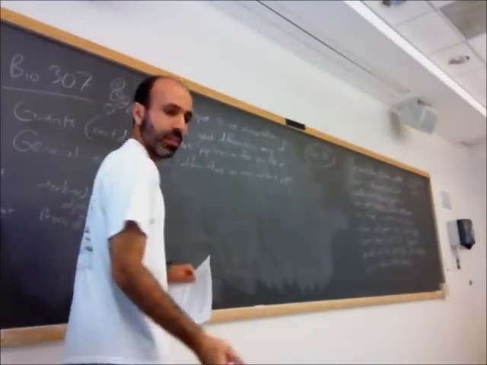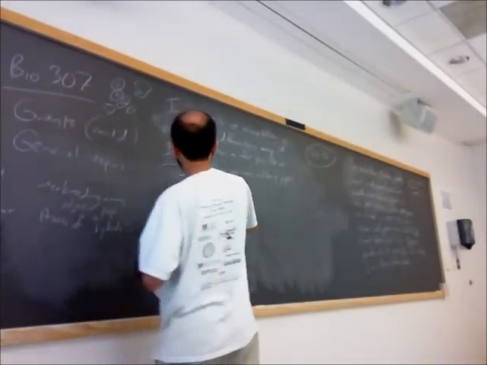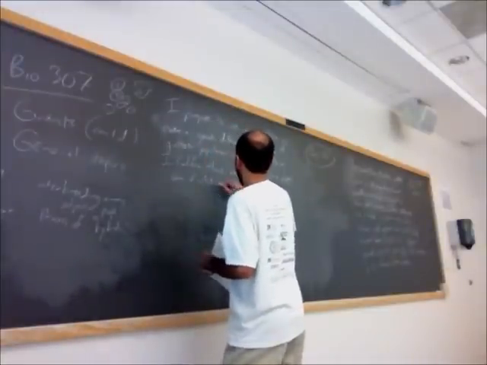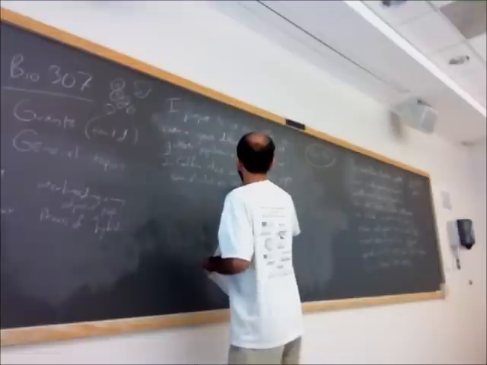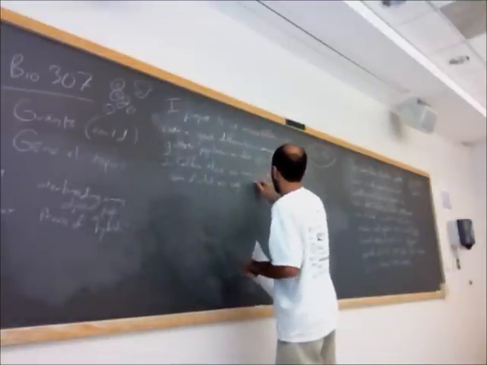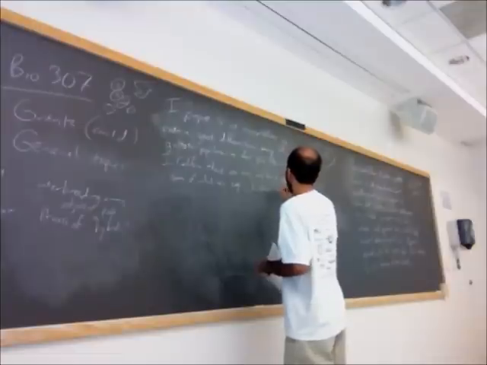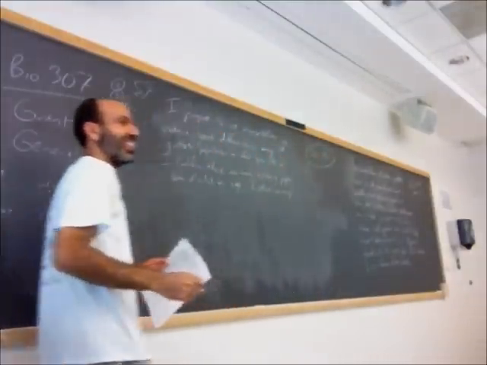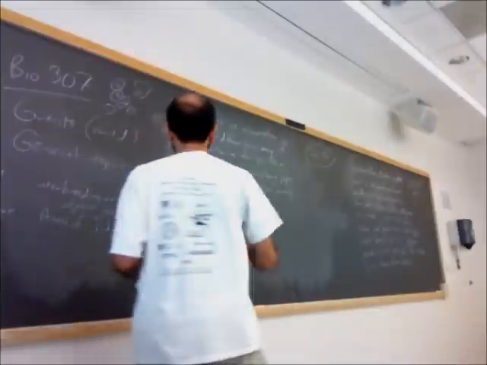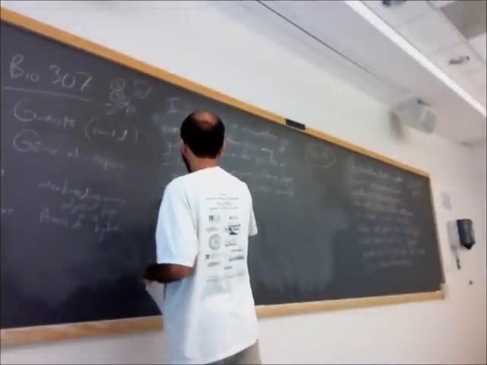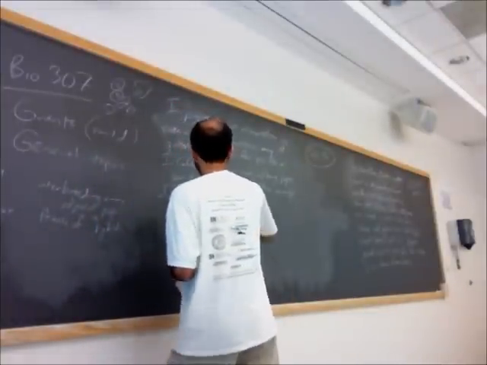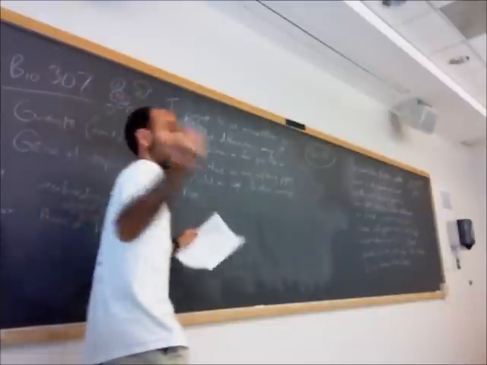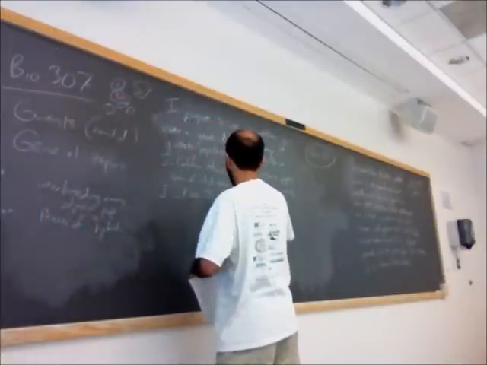Neighboring populations, some of which are serpentine, and others non-serpentine. Maybe there's another word for that, but I don't know it. Right? I will use, how many? 12. Sound good? 12 microsatellites.